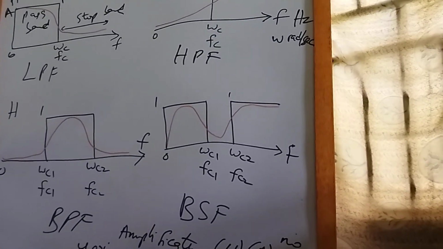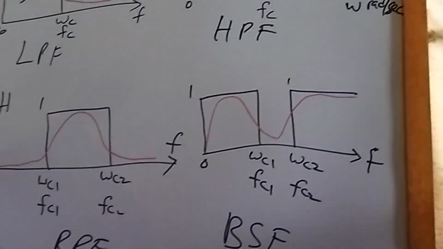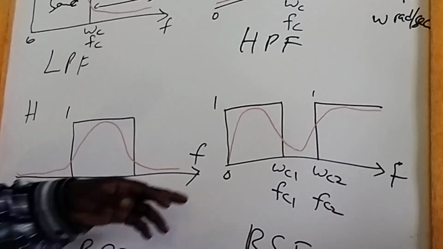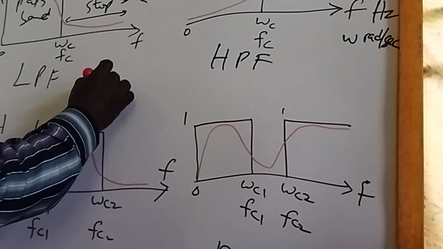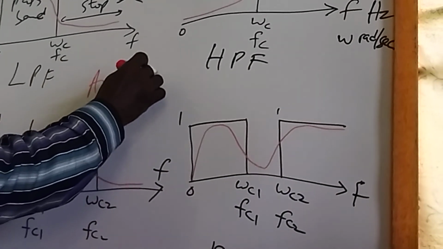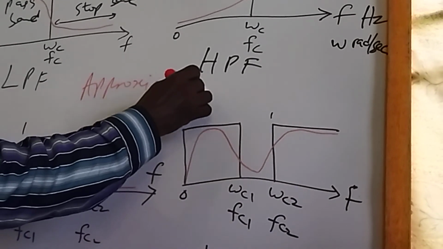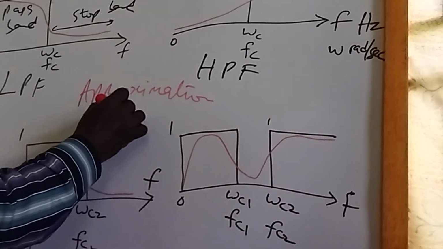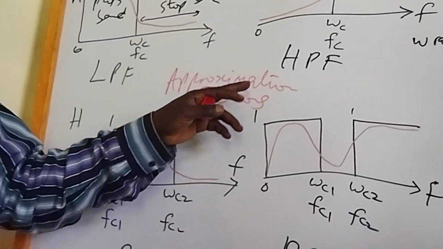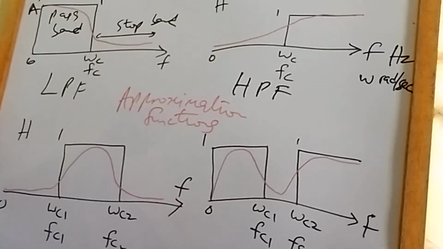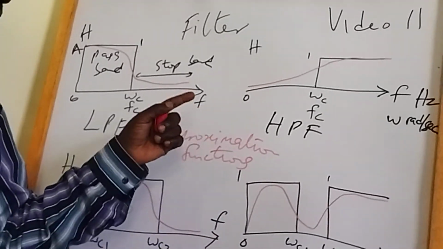Now, certain researchers in those days gave us some approximation functions. That is, functions that can try to approach the ideal, but they cannot be ideal.